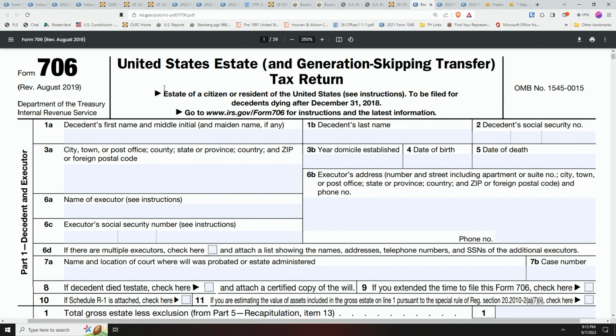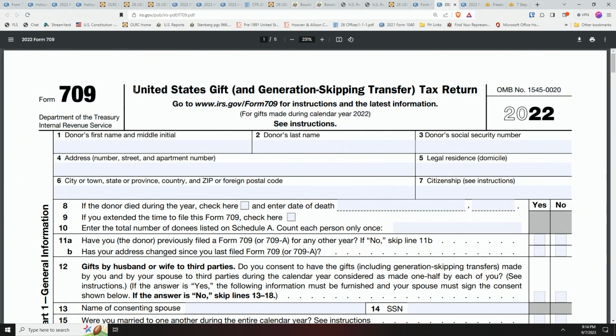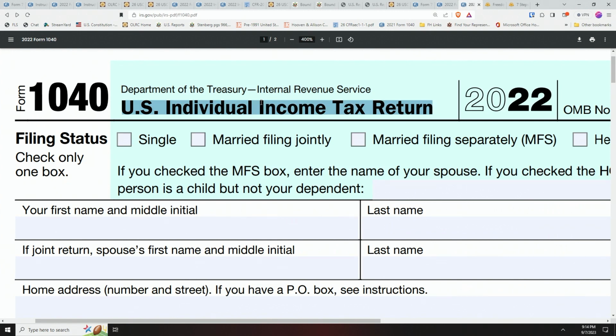So here, this United States is not the 50 states. Only DC people have to file and pay this estate tax and file a tax return. The gift tax here also, this Form 709, does not apply to the people of the 50 states at all, because the United States does not mean the 50 states. It means District of Columbia. Just like the 1040 form, this U.S. individual income tax is the Washington, D.C. income tax return.